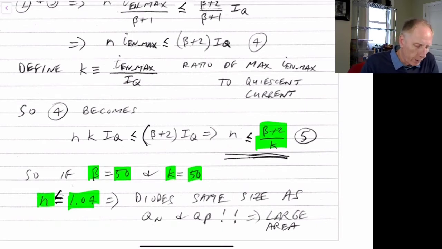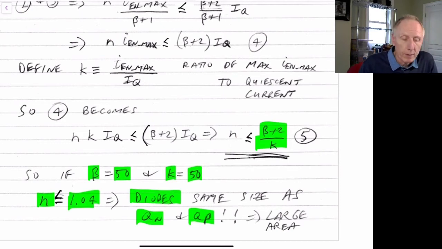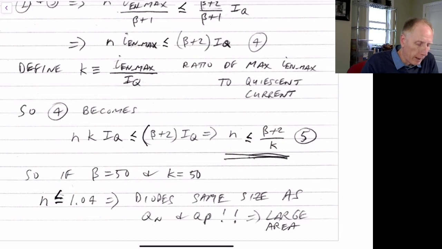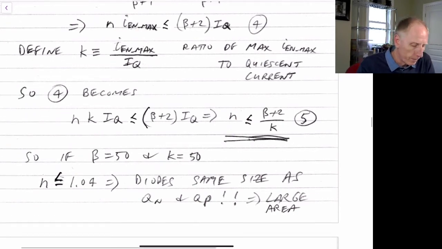In other words, the diode areas would be the same size as QN and QP. So we would have diodes there just for biasing, basically the same size as our power transistors. And that would be a real waste of silicon area, doubling up our power amplifier stage.